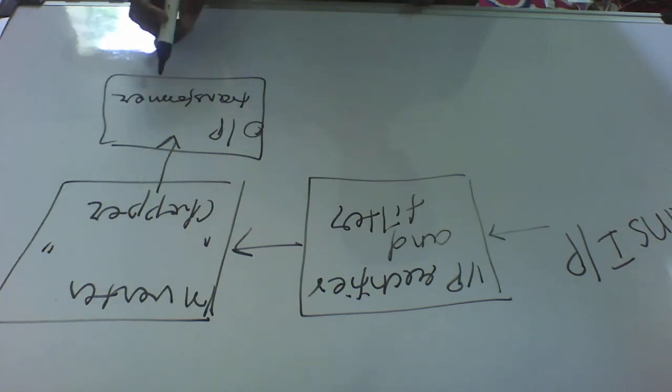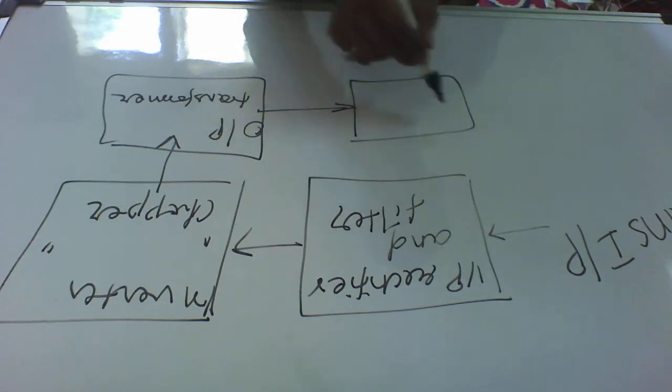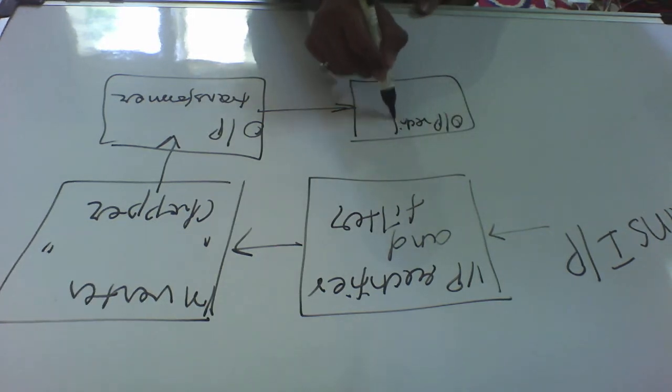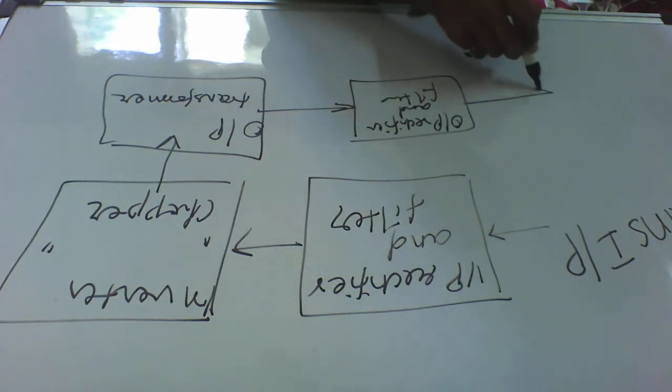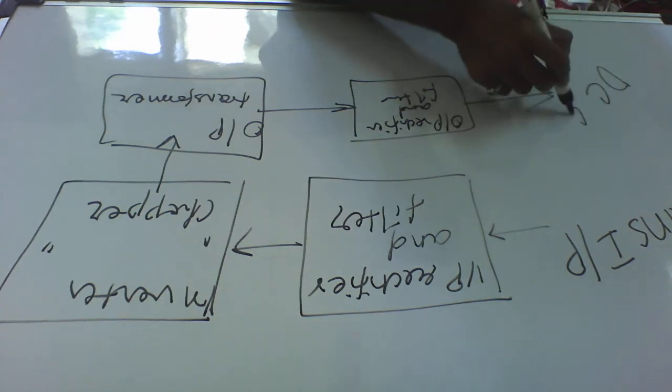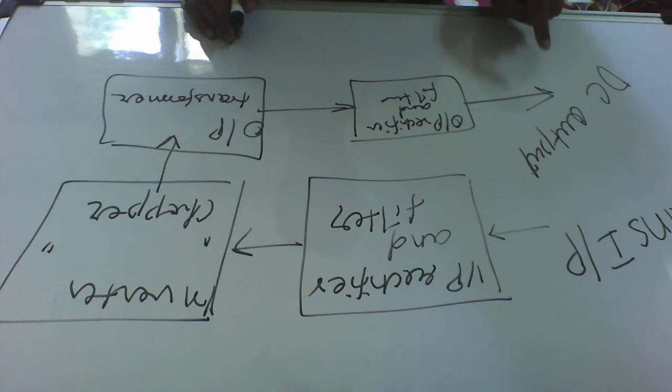The output of this transformer is given to another output rectifier and again a filter, and here you finally get the DC output.